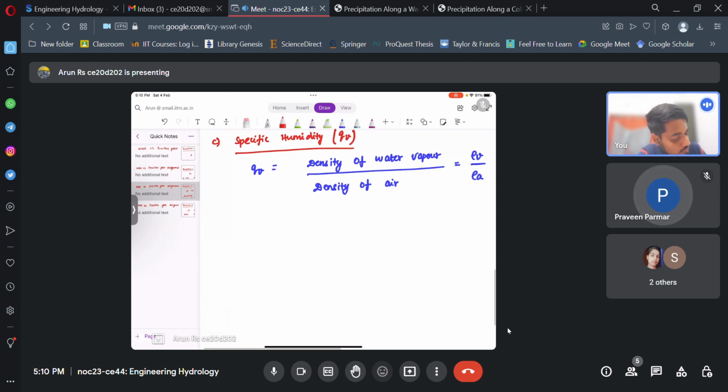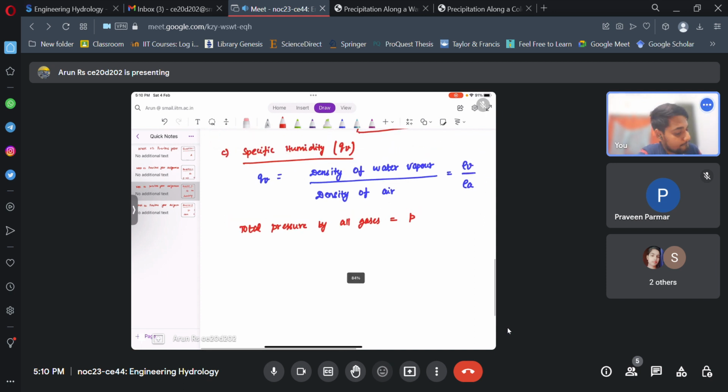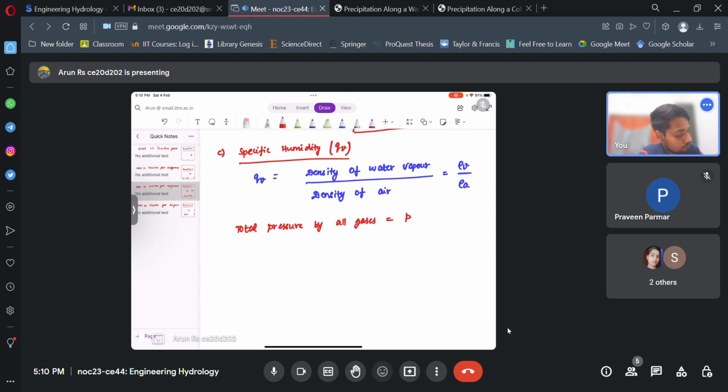So let me denote total pressure as P, and we will estimate the pressure of dry air. And we will also make use of the ideal gas law.